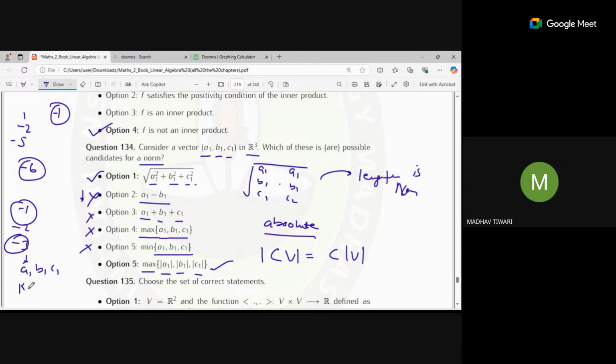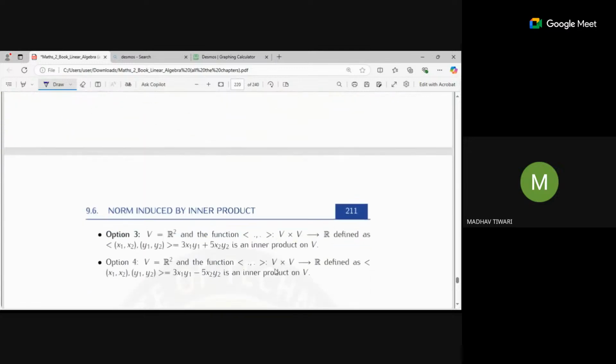Then if you find the norm of K times A1, K times B1, K times C1, it will also be greater. Its magnitude will be greater, such that A's magnitude is greater, so this will also be greater. So this is satisfying this property, and one more property is remaining, I think. You can check that. Not too hard, it is quite easy.